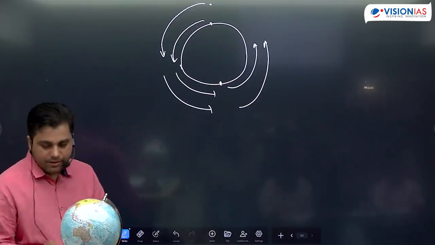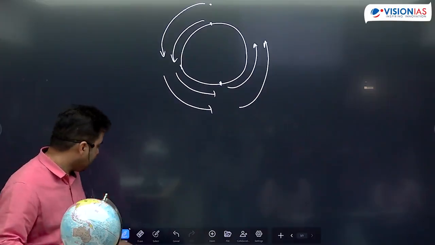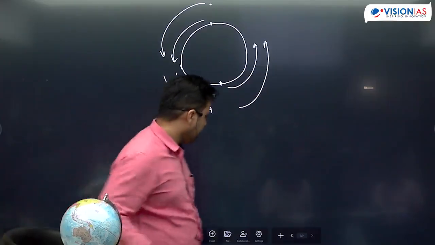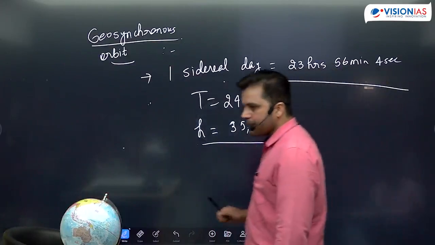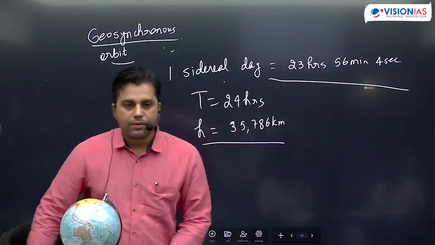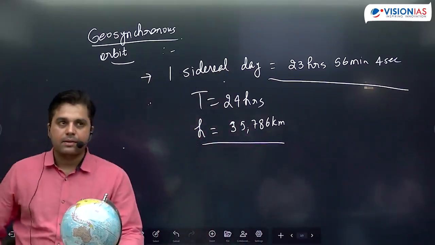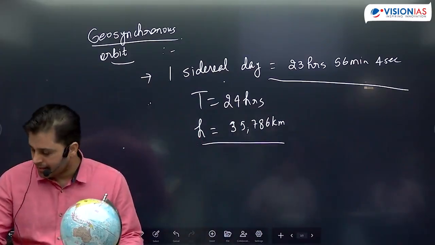In bracket you can mention sidereal day, one sidereal day, 23 hours 56 minutes 4 seconds. You do not have to remember the exact figure, just remember that it is less than 24 hours.